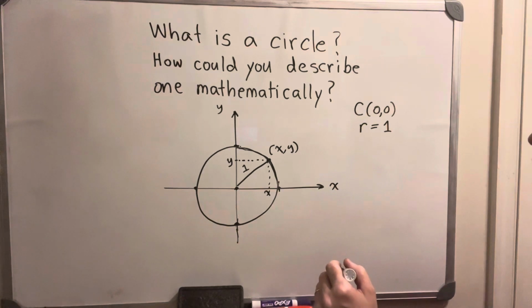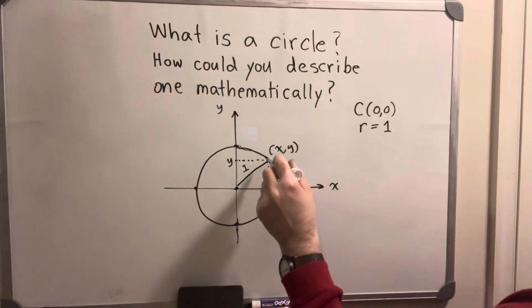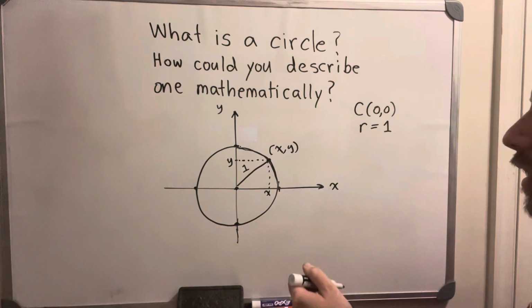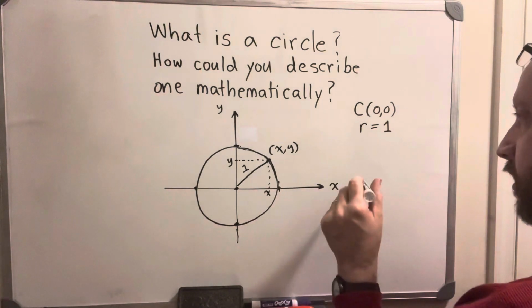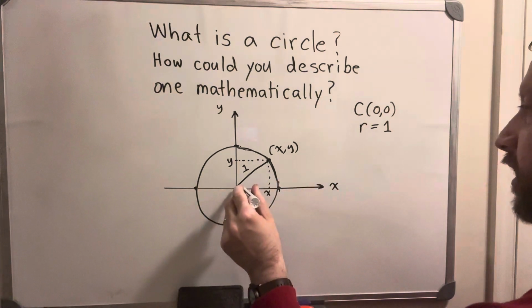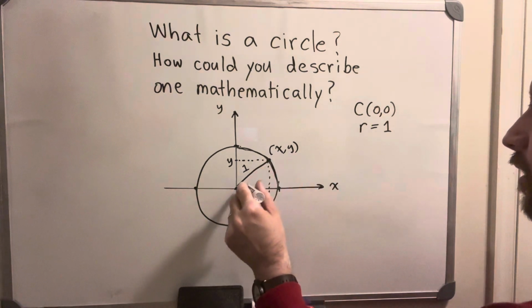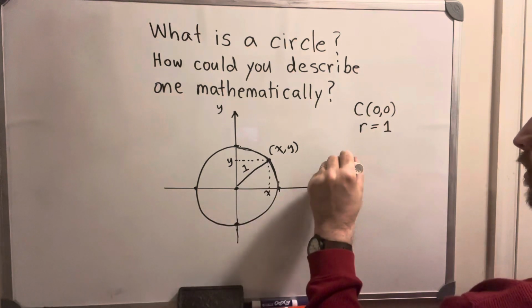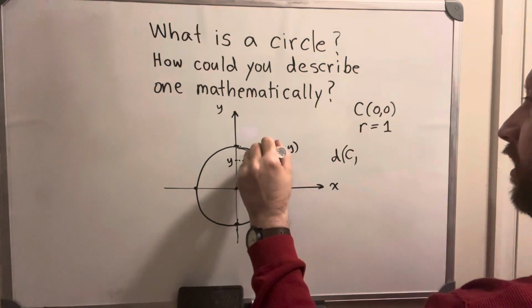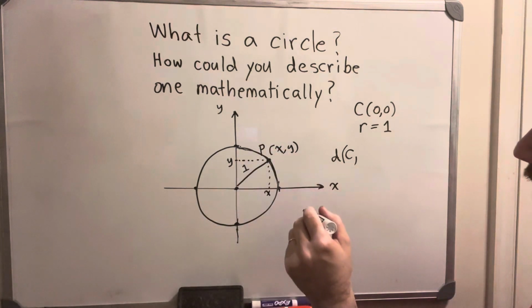Now, how can you say that the radius is 1 using the distance formula that we used earlier? Remember the distance formula? This point right here, the distance is the distance from 0, 0. Let's call this point P using our consistent notation.